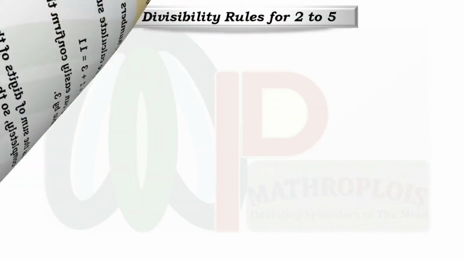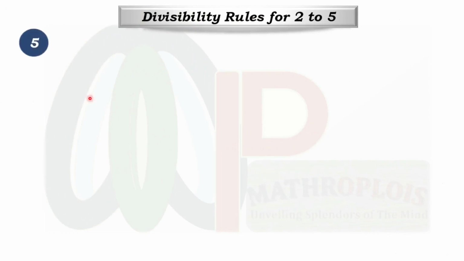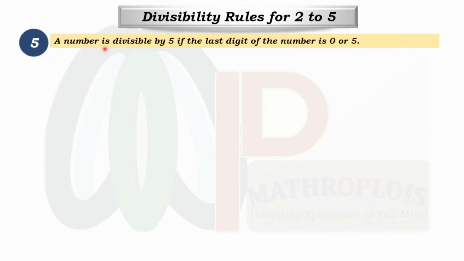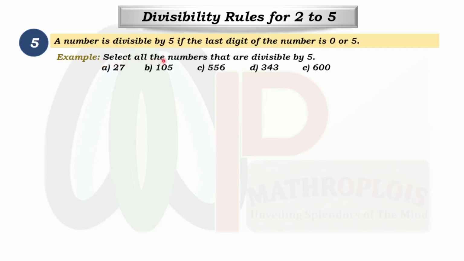Let us now understand the divisibility rule of 5. A number is divisible by 5 if the last digit of the number is 0 or 5. Let us understand the divisibility rule of 5 with an example.